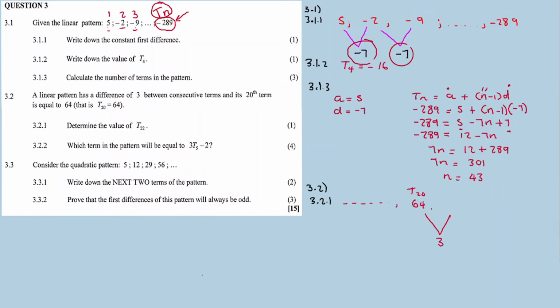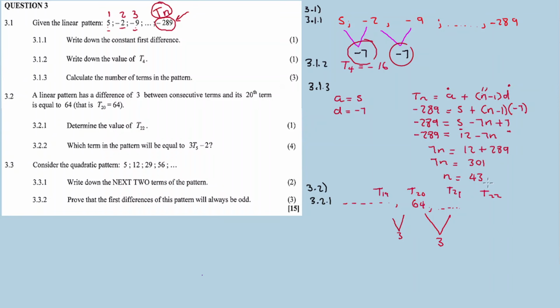So the pattern continues with T21 somewhere there, right? And I know that T21 minus T20 gives me 3. The same thing happens when I do T20 minus T19: I get 3 again, because of the difference of 3 between consecutive terms. There's a common difference of 3.